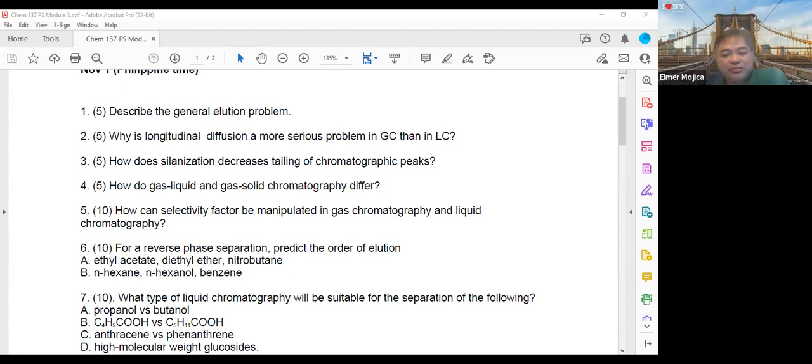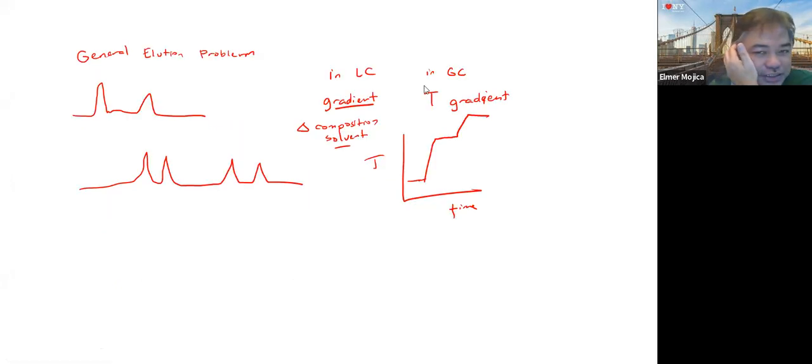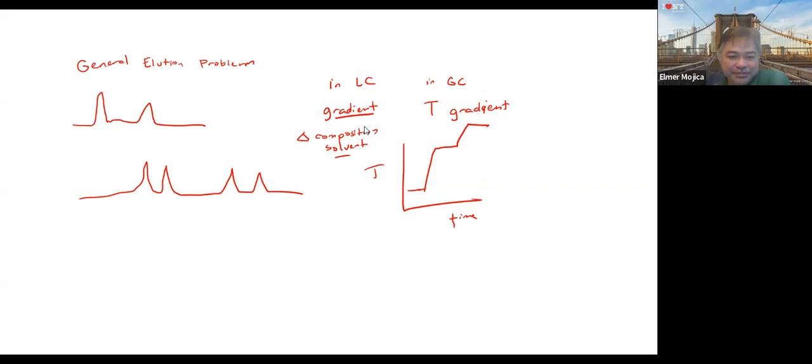Saan siya lumabas? No, specifically, saan equation siya lumabas? Okay, doon siya lumabas sa Van Deemter plot.